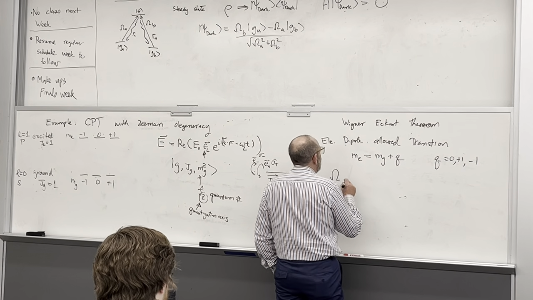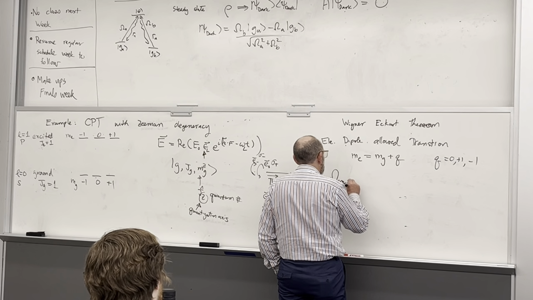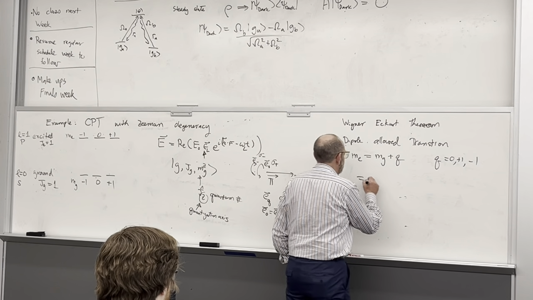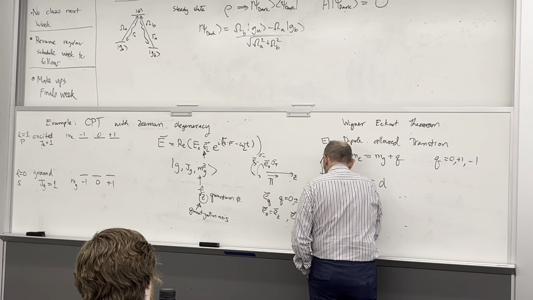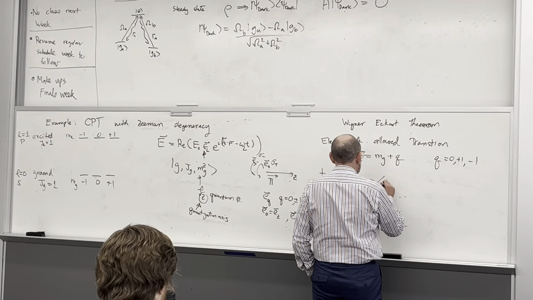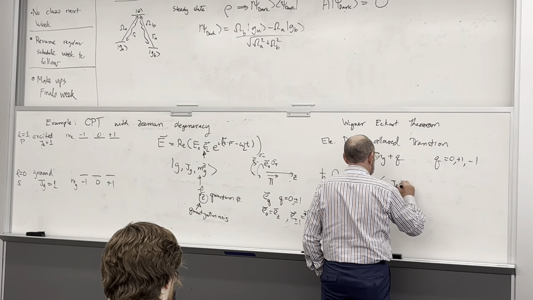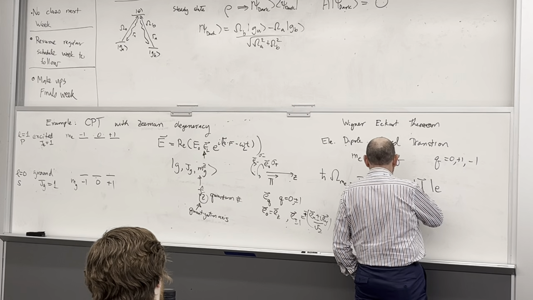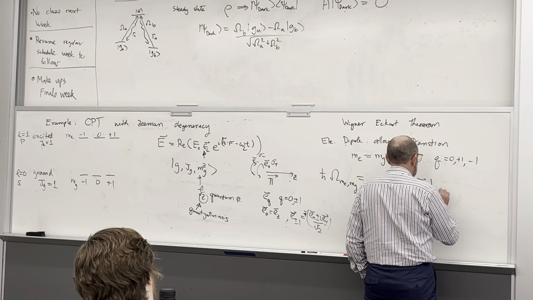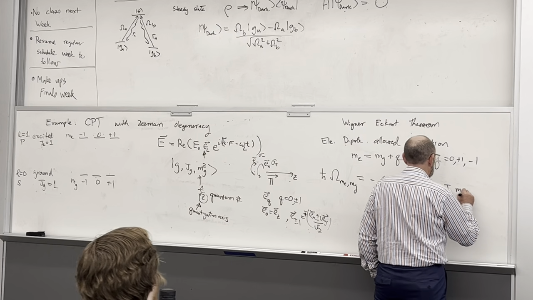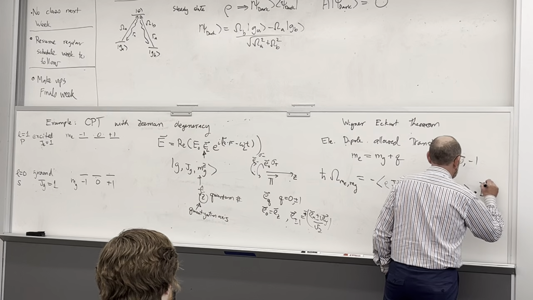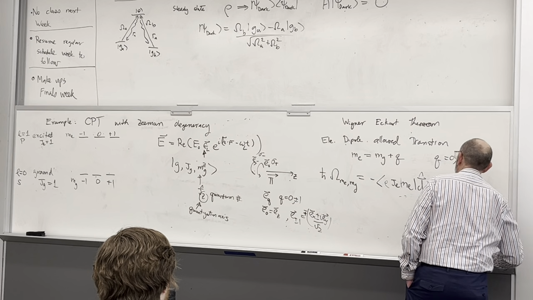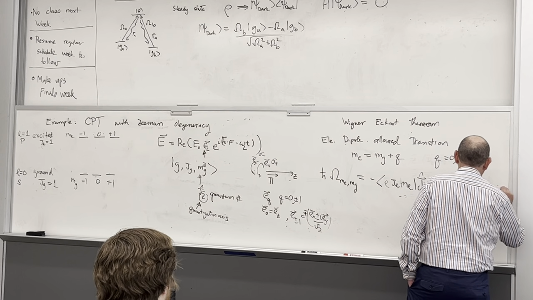The Rabi frequency that goes between these two states depends on the dipole matrix element, right? And I can write that as d dot e laser times e0 minus I dot dot dot.